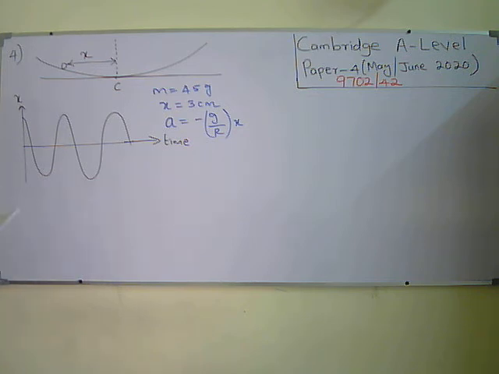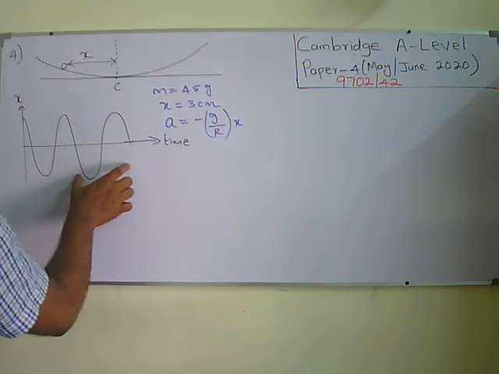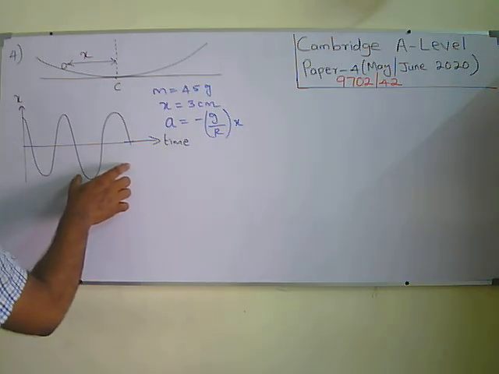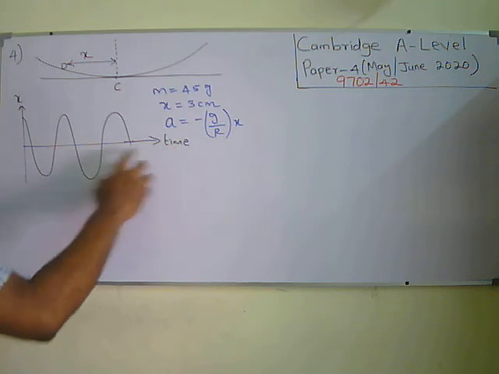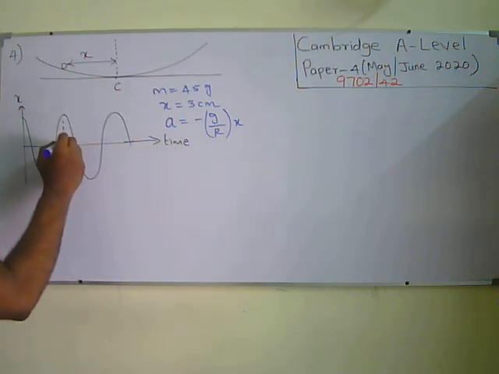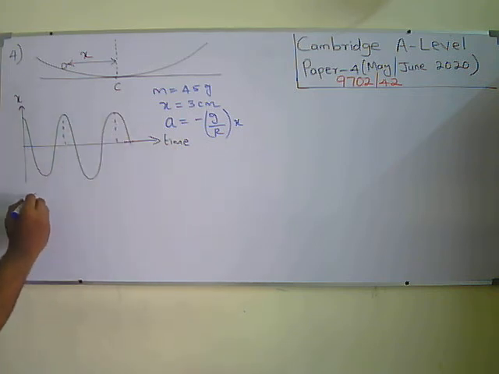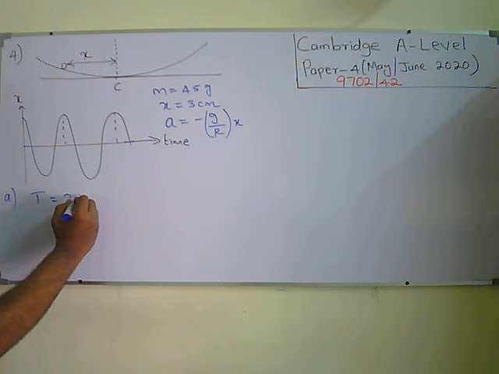The first part is: use figure 4.2, the graph, to find the frequency of oscillation of the ball. This is the time axis, so you can get the time period from the graph. That time period will be equal to 2.2 seconds.